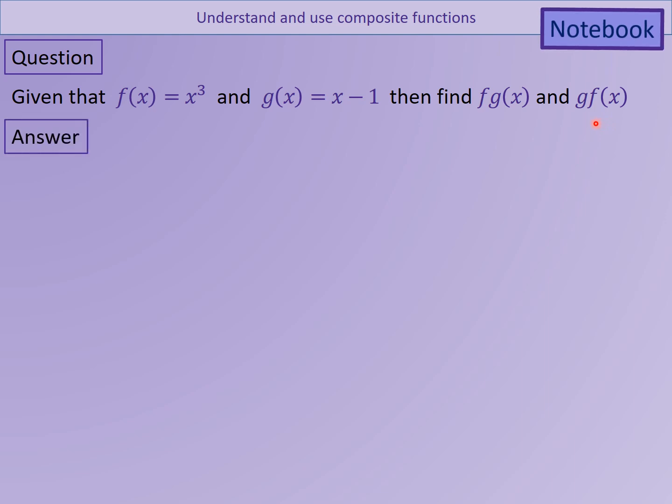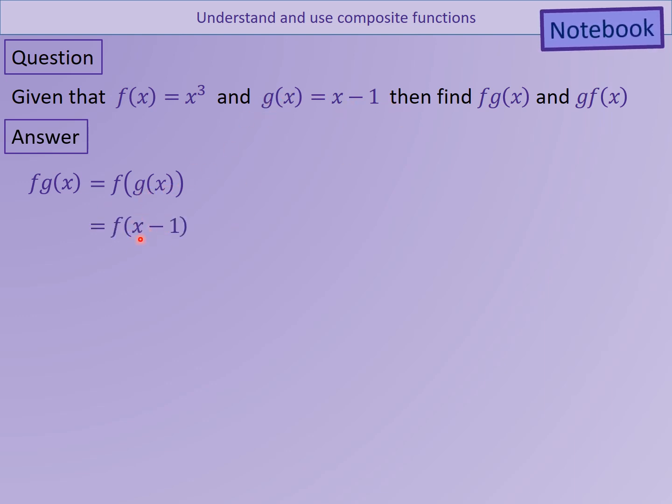Okay, we'll work on this one together first of all. So fg of x means you do the g function first, and then the f function. So let's have a think about the g function. If I had g acting on this x value, it takes that x value and does minus 1. In fact, you could just substitute that straight in, because it tells you g of x equals that.